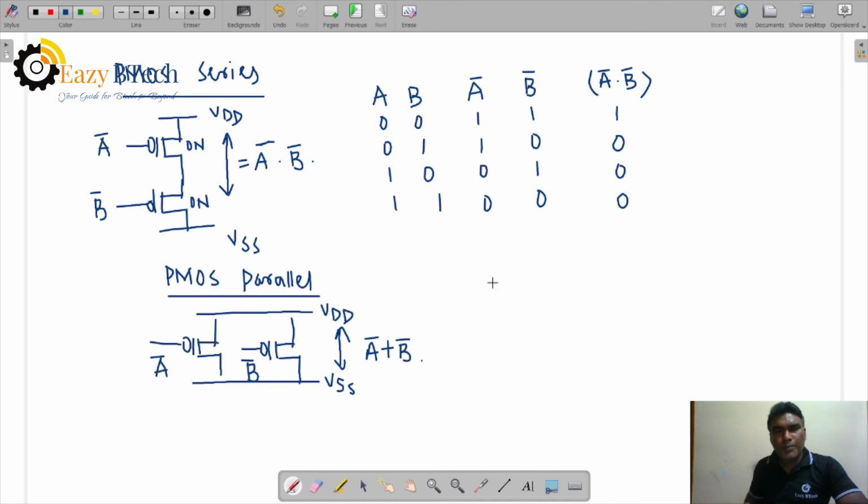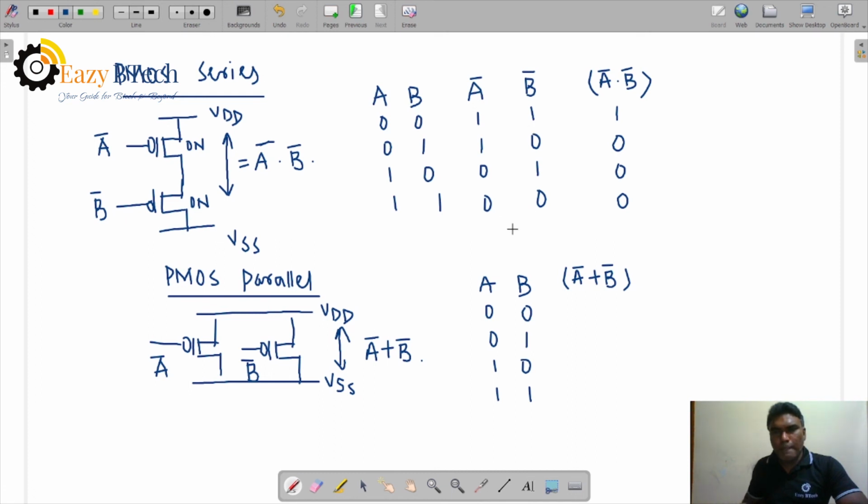Now take the truth table AB. Two inputs are there, logic 00, 01, 10 and 11. A complement and B complement were already taken above, so directly I can take the result A complement plus B complement.